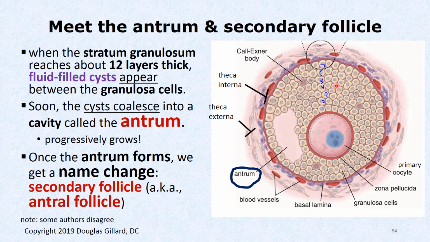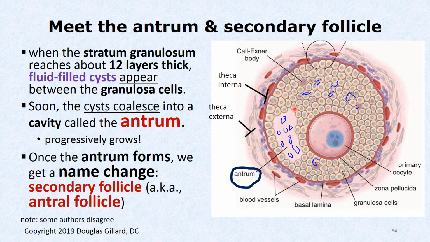Once it gets about 12 layers deep, we start to get these little cavities forming. There's one here maybe, and one here starting to form, one here. In one region, a whole bunch of these little fluid-filled cysts start forming, because this cavity is going to get really big here in a little bit.